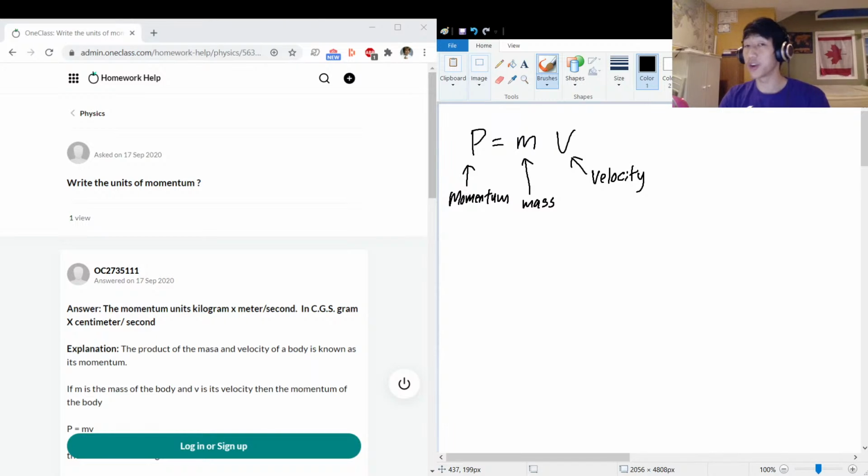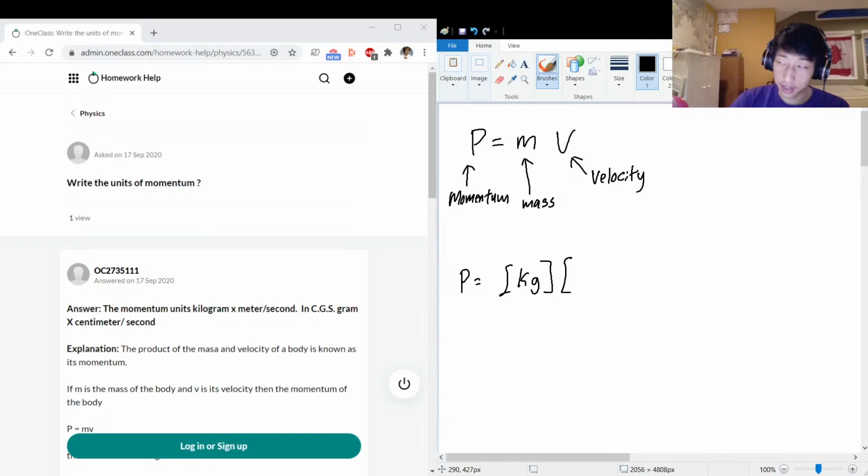Now, momentum is particularly useful for when you're dealing with collisions of stuff, as well as the more formal equation for Newton's second law. But the question is just asking for the units of momentum. Now we know that mass in base SI is kilograms. So P is equal to kilograms, oops, let's make that a square bracket.